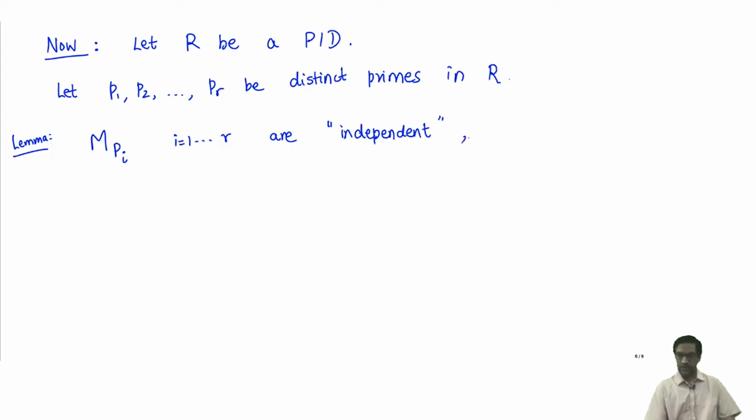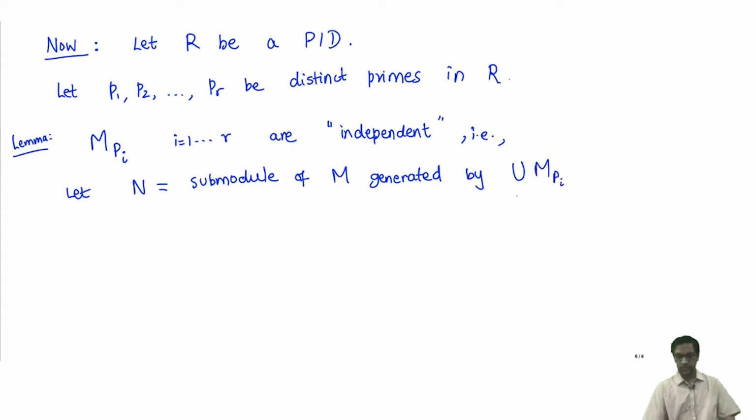So they are independent, i.e., what do I mean? Let N denote the submodule of M generated by these MPIs, i from 1 to R. Now what is this really?